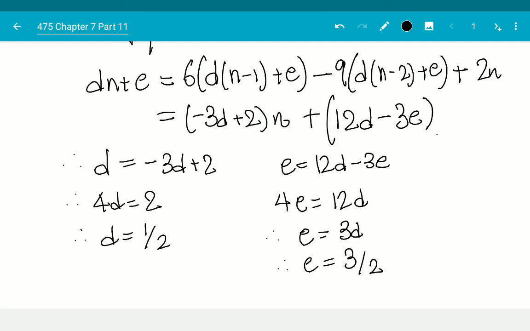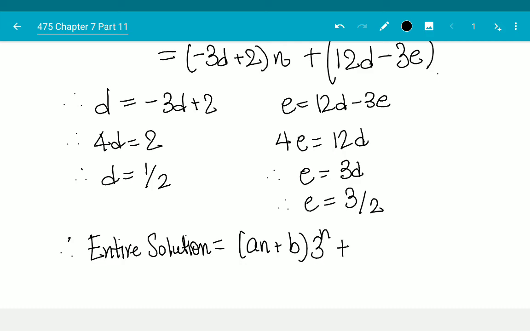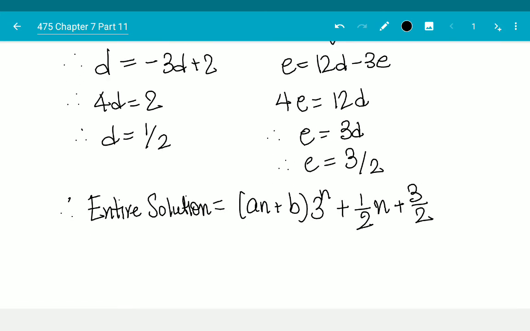So my entire solution is equal to an plus b 3 to the n plus 1/2 n plus 3/2. Subject to, I still have to solve for h of 0 and h of 1.